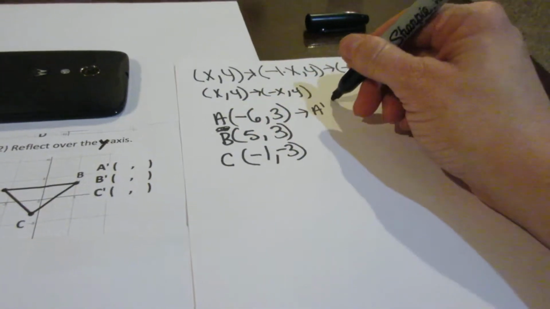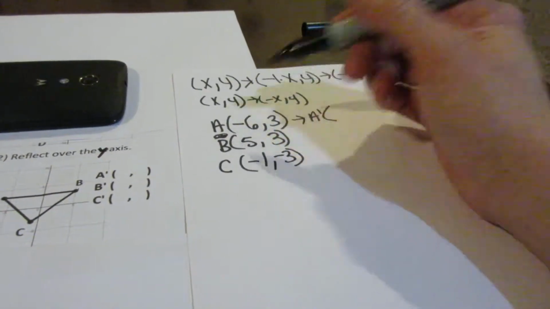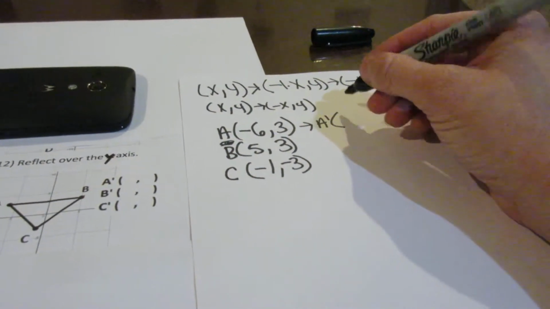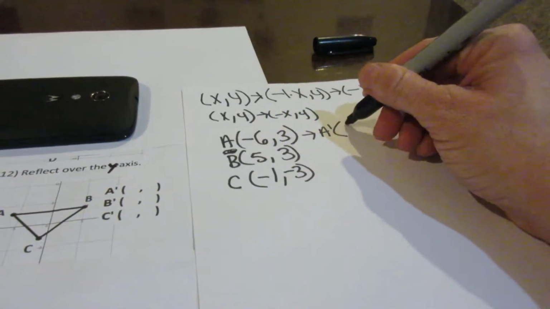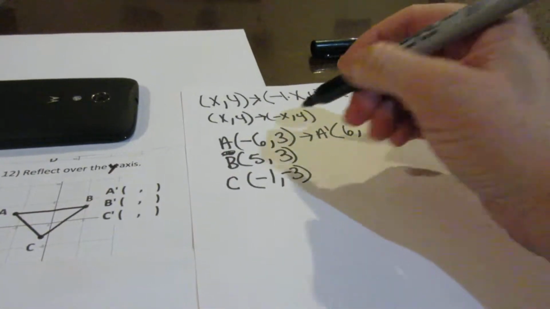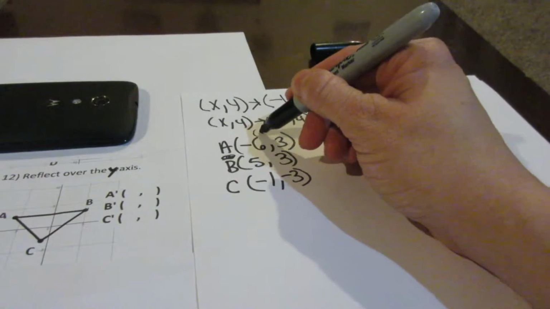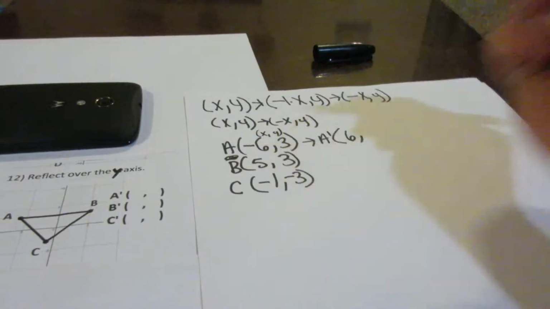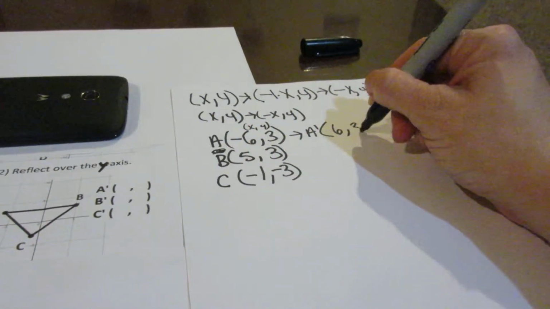So A turns to A prime and -x. Because -6 is already negative, we're just going to flip the sign and make it positive, which is the same thing that would happen if it was multiplied by -1. So -6 becomes +6, and because we are reflecting over the y-axis, our y's are all going to stay the same. So 3 stays 3.